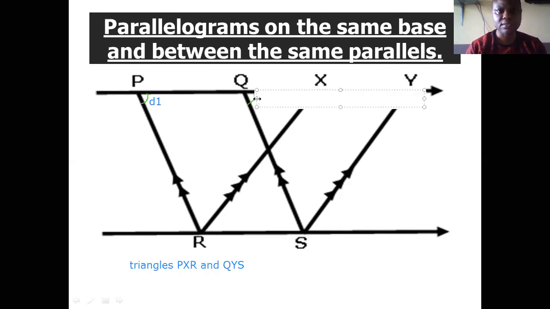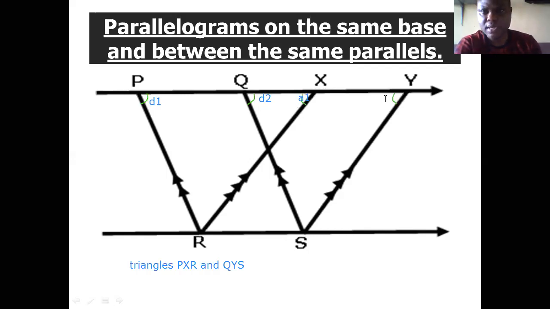Here, I want you to label D2. And in this place, I want you to label it A1. While here, I want you to label it A2.